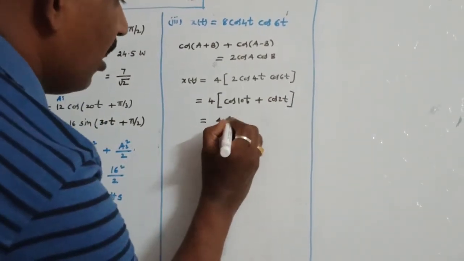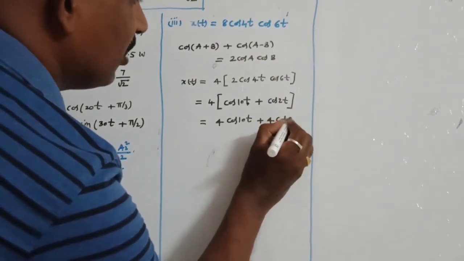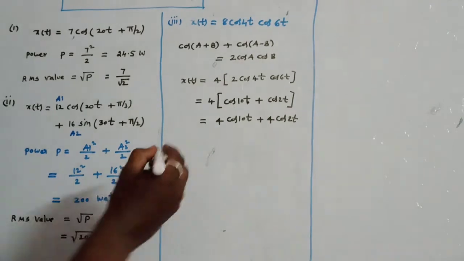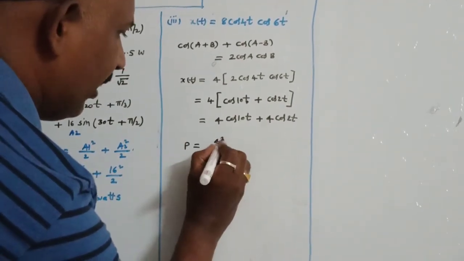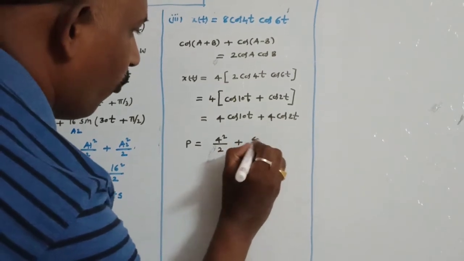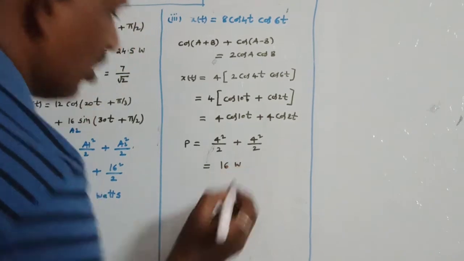So this is 4 cos 100t plus 4 cos 20t. You can see that this is the sum of two periodic signals. So what is the power formula? 4 square by 2 plus 4 square by 2. So the answer is 16 watts.